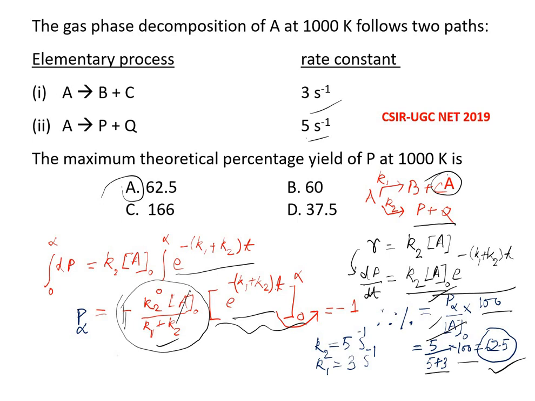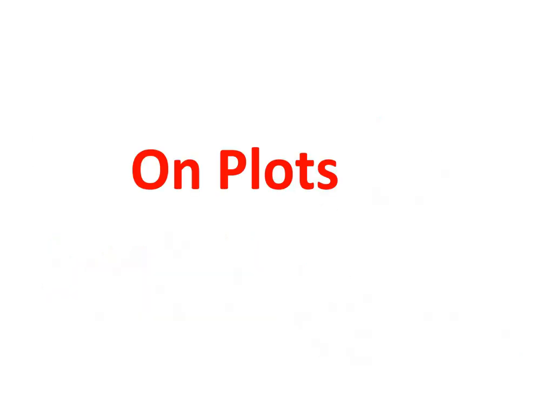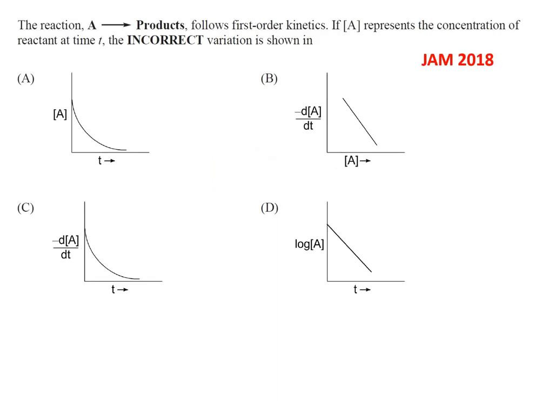Okay. So after the warm-up problems on order, unit, etc., let us go for the plots. Different types of plots that we have discussed in the last session in detail. So reaction A to products follows first order. If A represents the concentration of reactant at time t, the incorrect variation is shown in which figure.